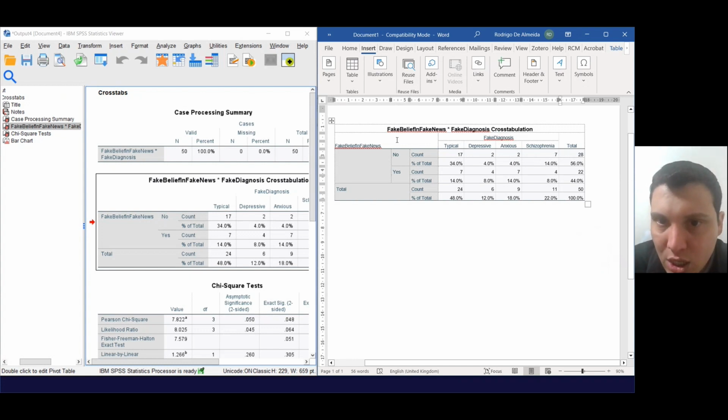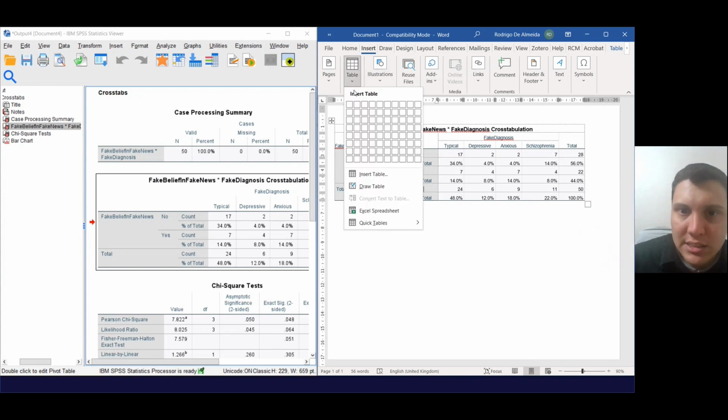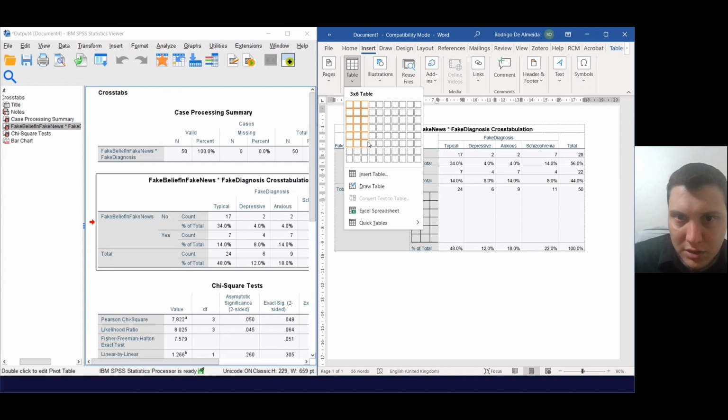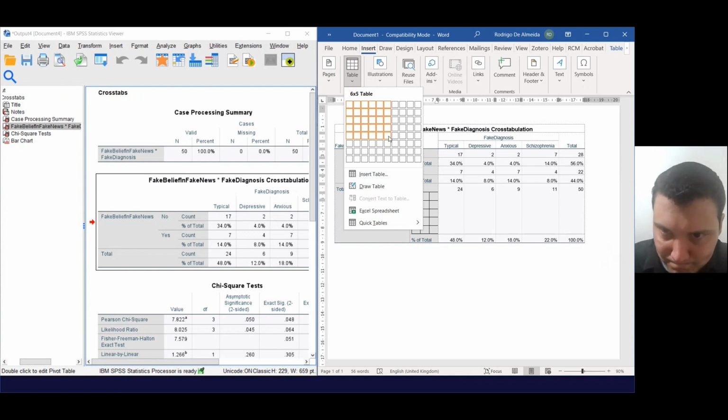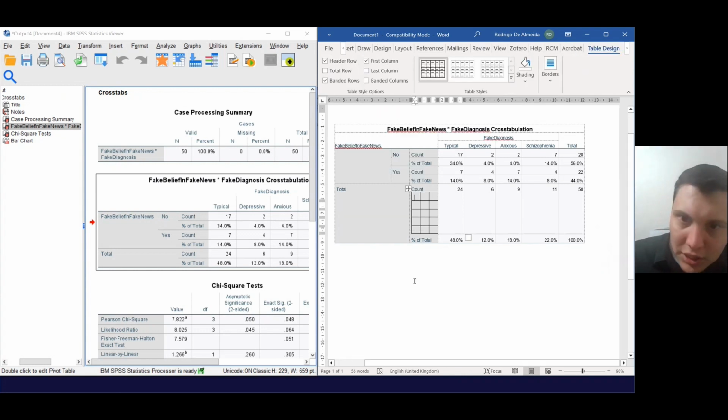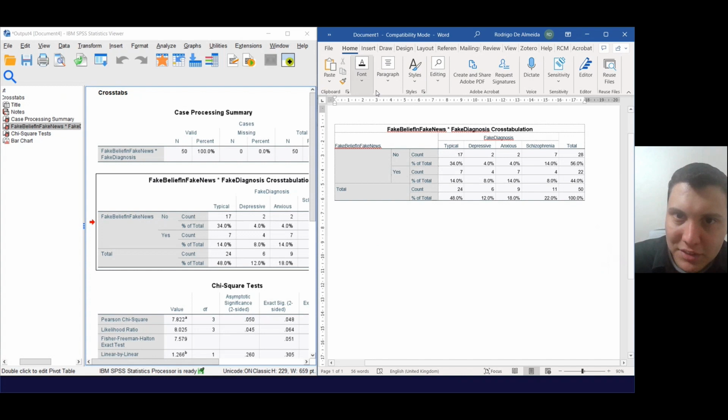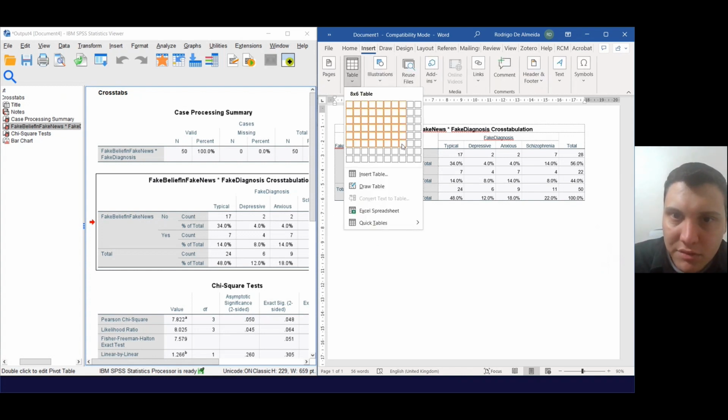And how many lines? One, two, we need the two lines here for the double-decked heading. One, two, three, four, five. Okay, so it's a 6 by 5. But not in the table, outside of the table. So again, Insert Table, 6 by 5.